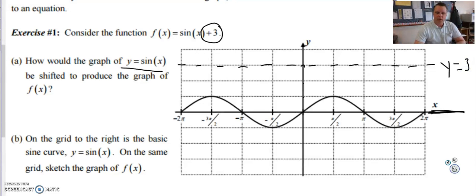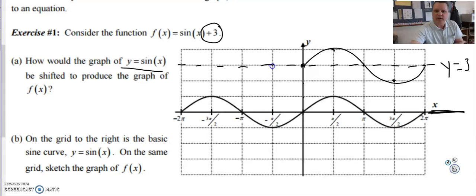That's the midline. So it's still a sine curve, so it still starts at what would be the new origin, okay? And then it goes up, comes back down to the midline, goes down to the lowest, and back up to the midline. So the graph looks something like that.